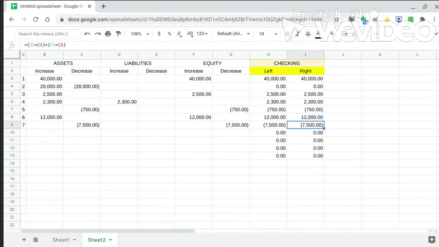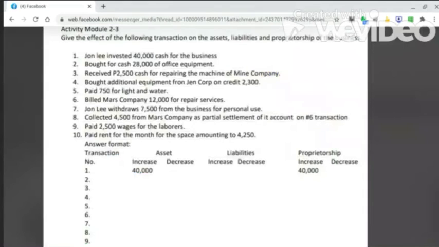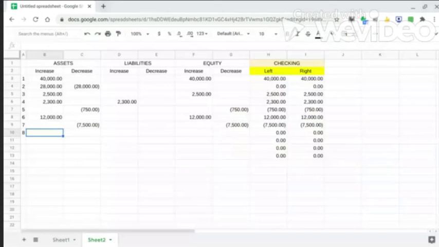So, collected 4,500 from Mars Company as partial settlement of its account on number 6 transaction. So, kung dun sa number 6, nag-recognize tayo ng increase in accounts receivable, which is an asset, dito dahil na-collect niya na yung 4,500 pesos, babawasan natin yung accounts receivable niya ng 4,500 pesos.